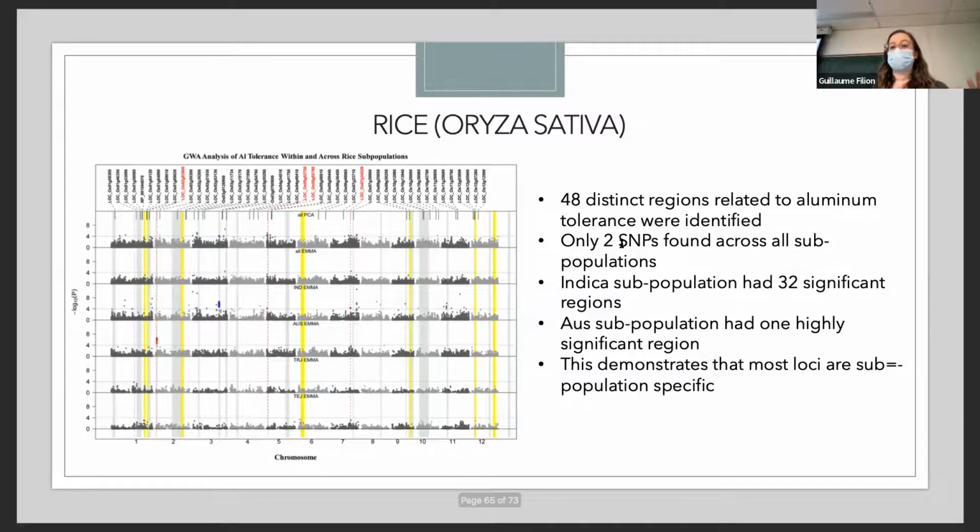So out of that 48, there's a lot of population-specific variability. And so these are just 2 examples here. One of the subpopulations, indica, had 32 significant regions, and a different subpopulation had only 1 very highly significant region. So they really emphasize the difference in these different populations.